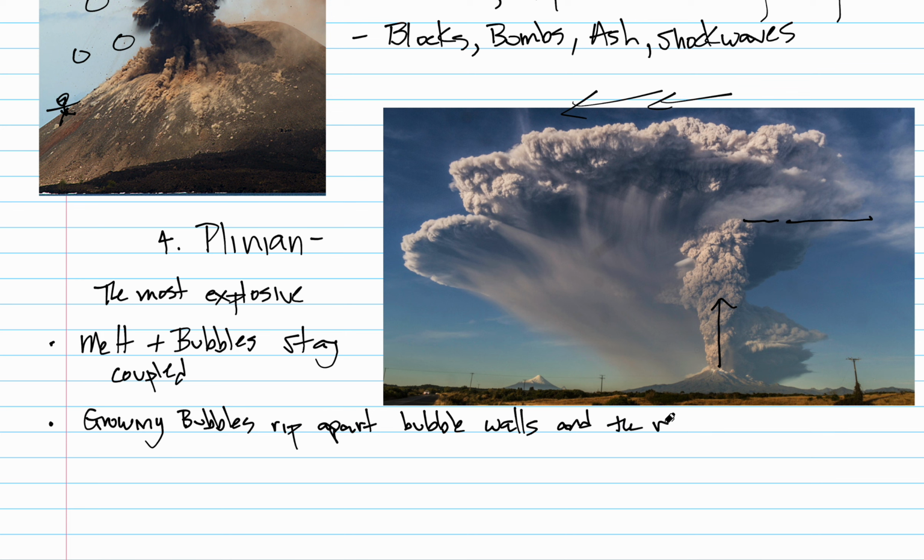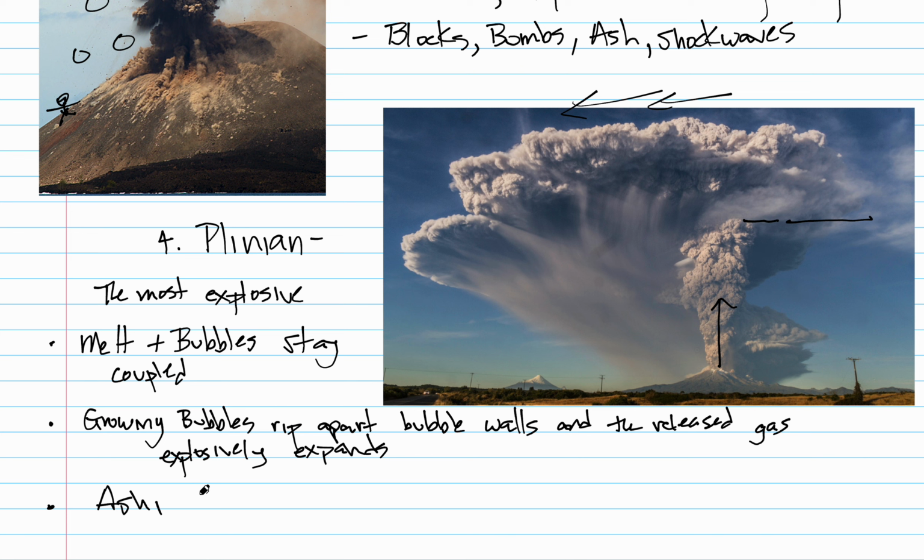And the released gas from the bubbles explosively expands. And this is what creates all this energy that makes the power and explosivity of the Plinian style. And it produces, so let's say what it produces, ash.